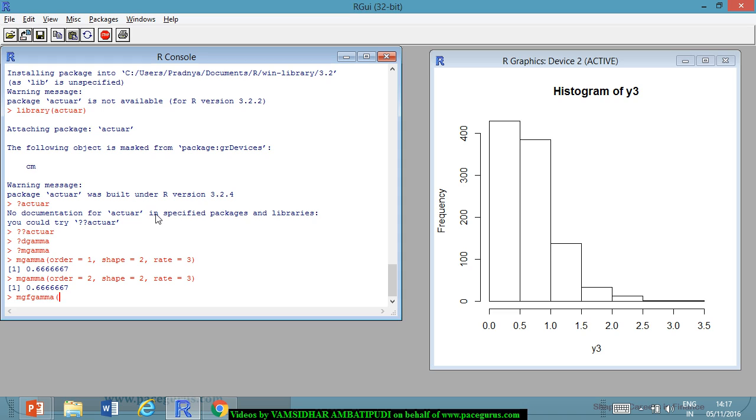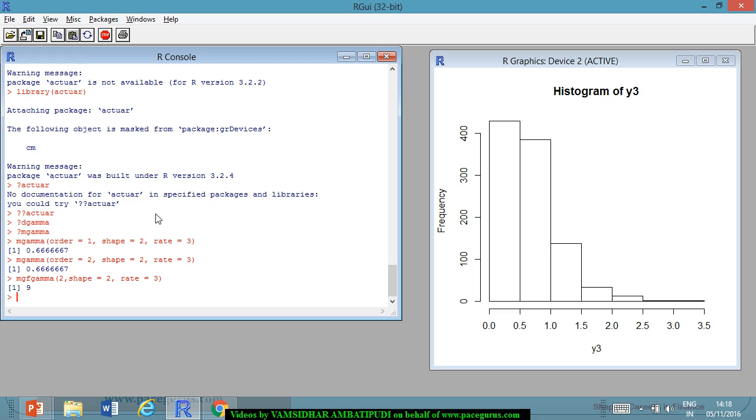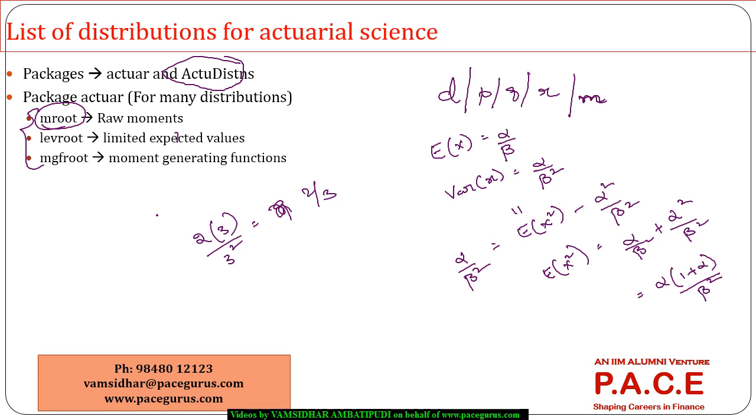I'm taking a single-valued vector 2, with shape equal to 2 and rate equal to 3. The moment generating function for this x value of 2 comes out to be 9. That's how I get all these computations performed. The Actuar package contains these three additional prefixes, along with your D, P, Q and R functions.